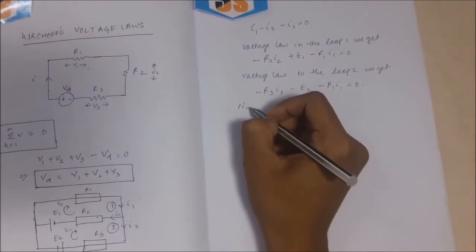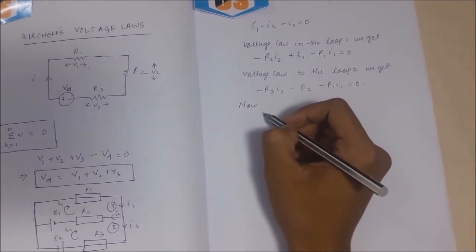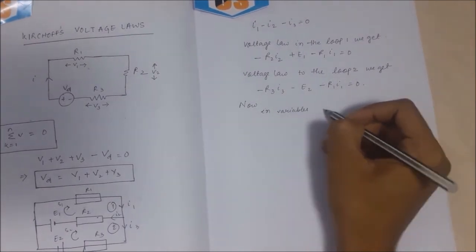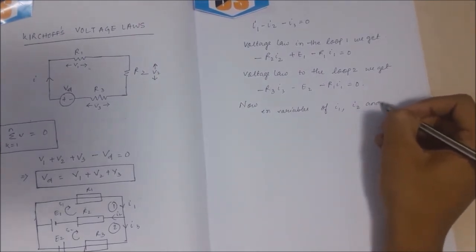Now combining the equations, we get a system of three equations in the variables of currents I1, I2 and I3.